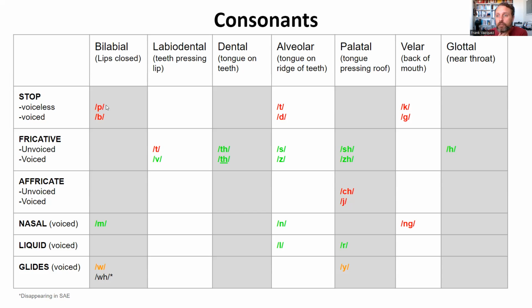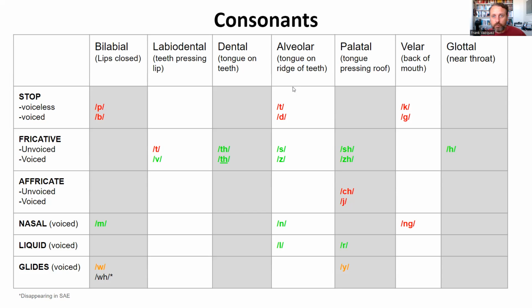So b, you can actually feel the movement, whereas p, it's more airy, if you will. And this is important because these sounds occur in the same place in the mouth, and these can be areas of confusion for some students who struggle with production or hearing sounds and things of this nature.